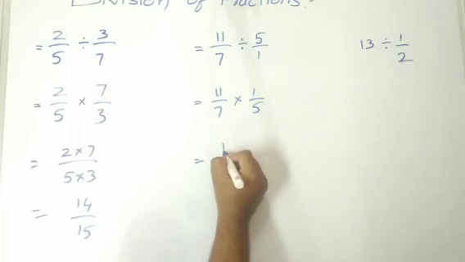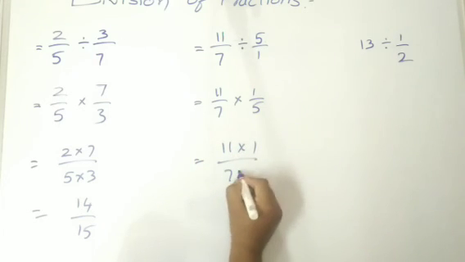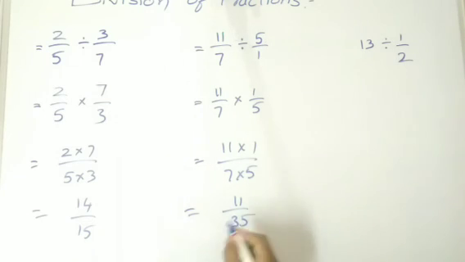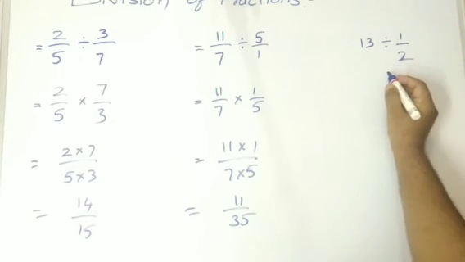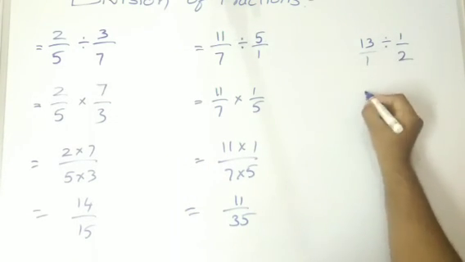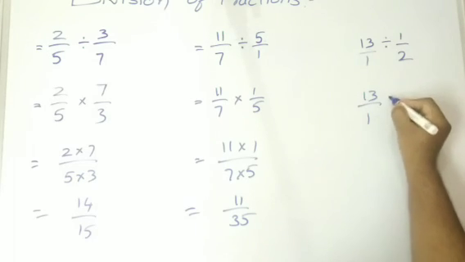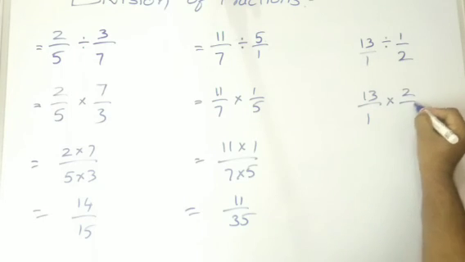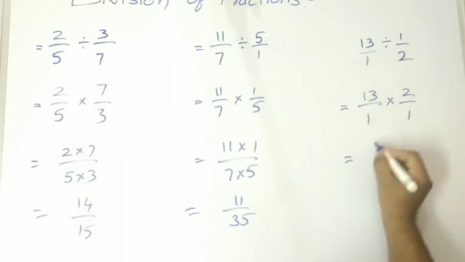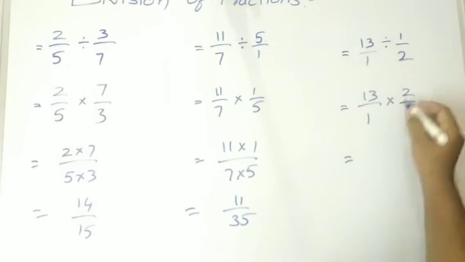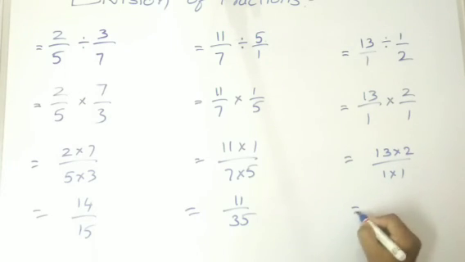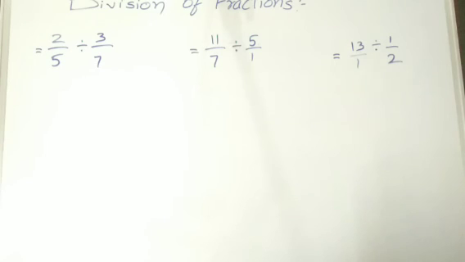So now 11 into 1 by 7 into 5. It's 11 by 35. See here, so I am writing here 1. So 13 by 1 into. So division afterwards number we want to make the reciprocal. So now it will become 13 into 2. 13 into 2 is how much?